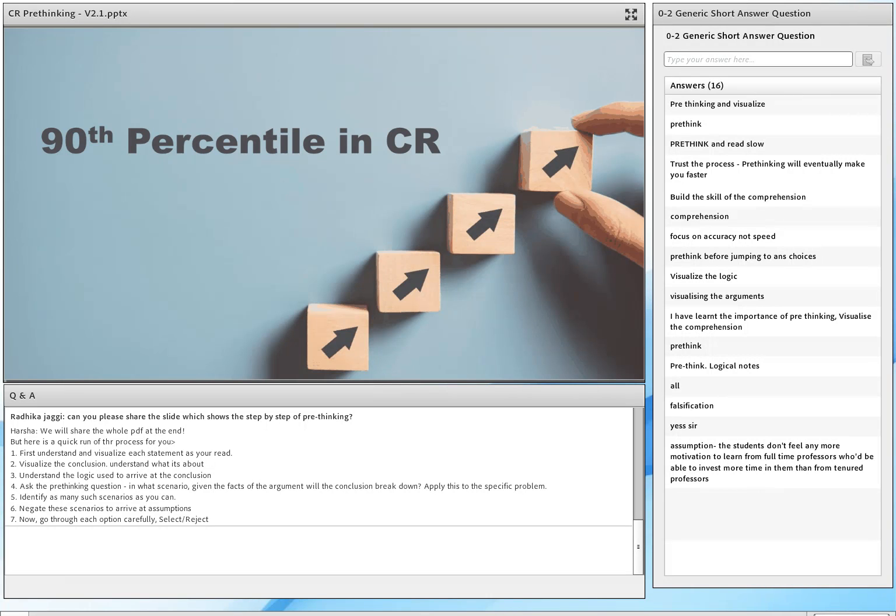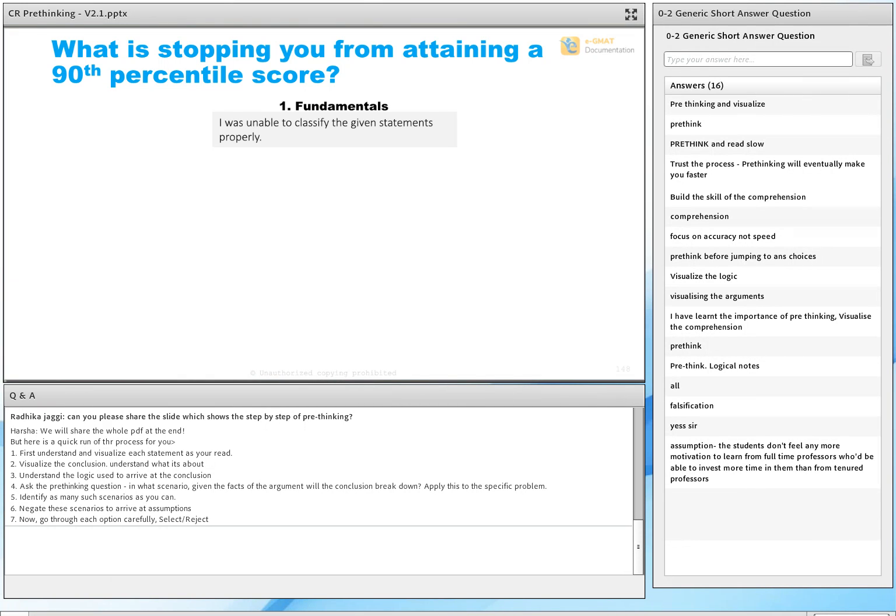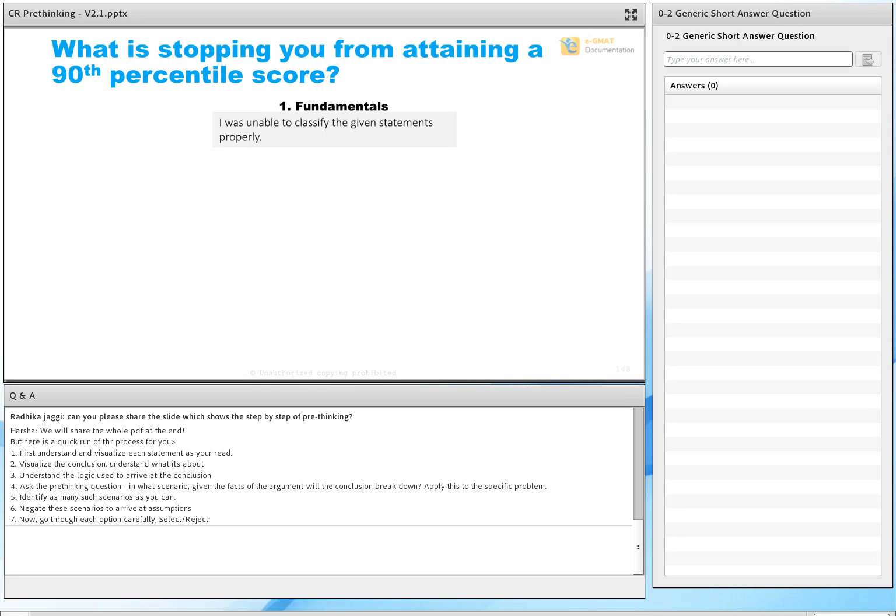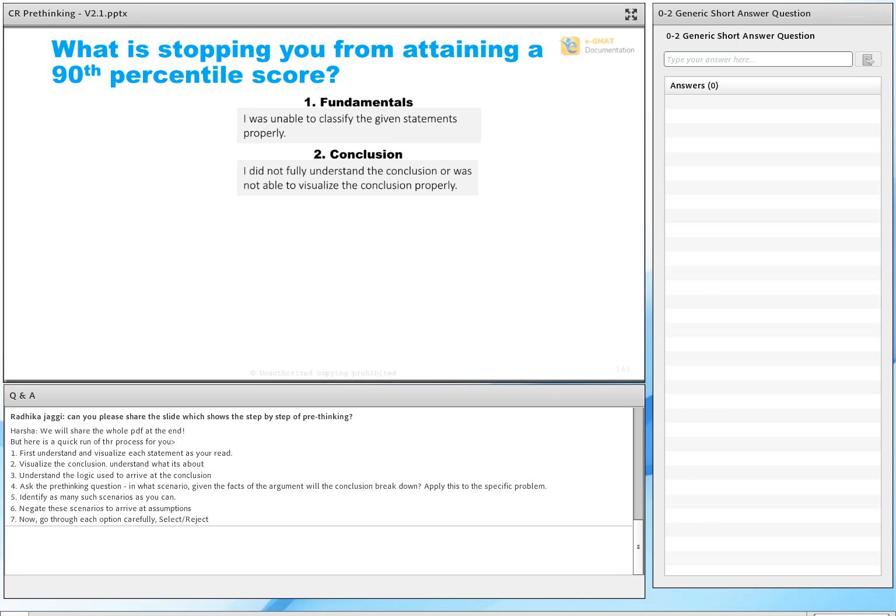So how do you get to that 90th percentile? Really important: make sure you understand which statement is the conclusion, what's that logical structure, as you read it. Then visualize that conclusion.